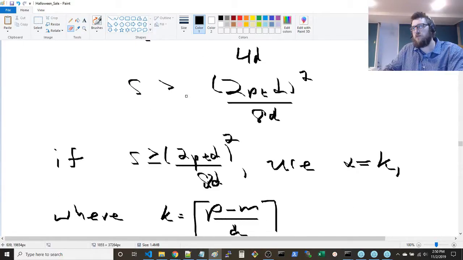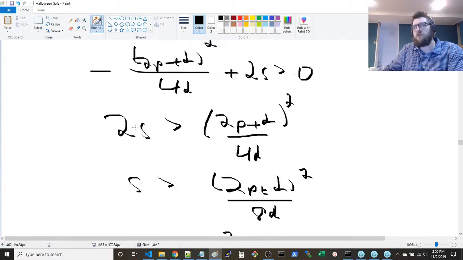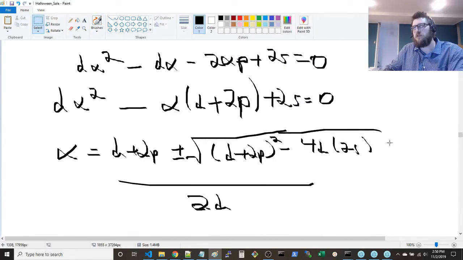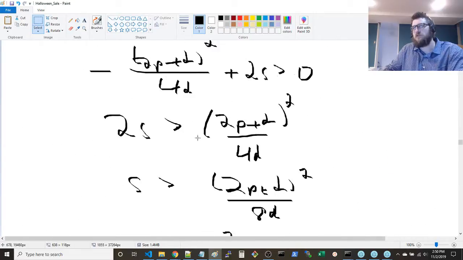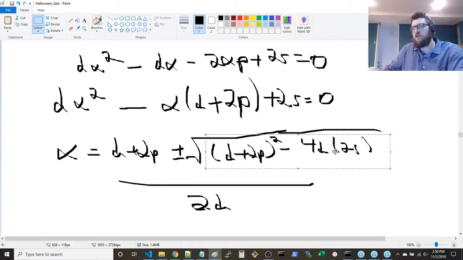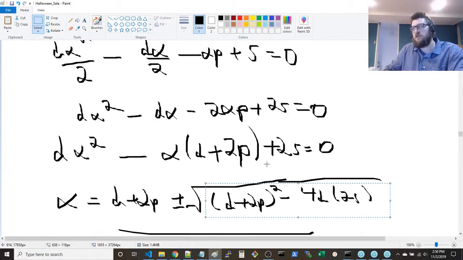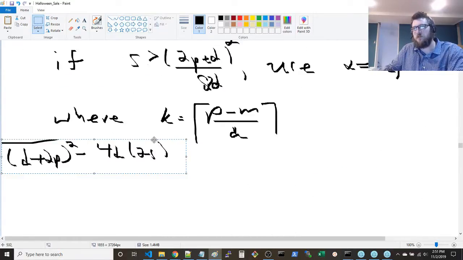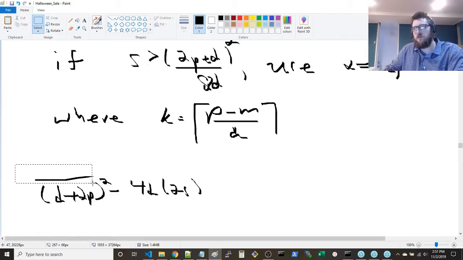Yeah, you'll see that, by the way. If we take a look at this quadratic formula here, this part, it's exactly what it says, right? (D plus 2p) quantity squared minus 8SD. We take this and do this less than 0. You get the same formula.